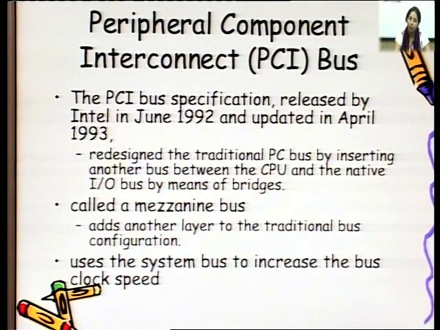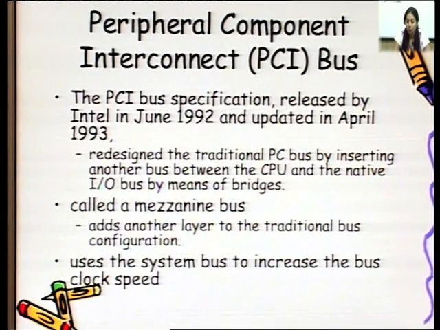Basically, north bridge connects the components which are slower in speed, and south bridge connects the components which are transferring data at very high speed. So we are inserting these slots for further improving the performance of communication on the motherboard. It adds another layer to the traditional bus configuration, and uses the system bus to increase the bus clock speed.